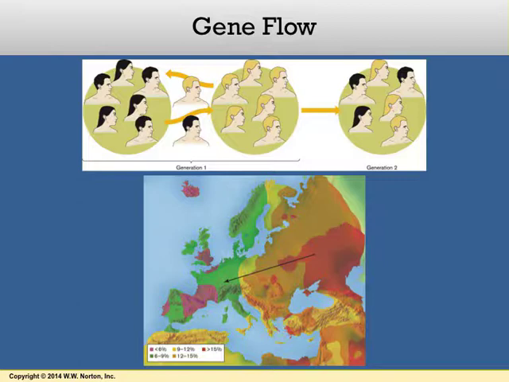As one might expect, the closer two populations are to one another, the more likely it is that genes can flow. Populations separated by great distances or by great geographic barriers have less opportunity for gene flow. An example of gene flow in human populations is the distribution of blood type B across Eurasia.